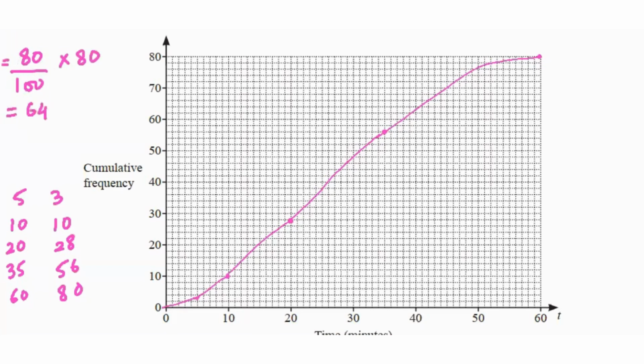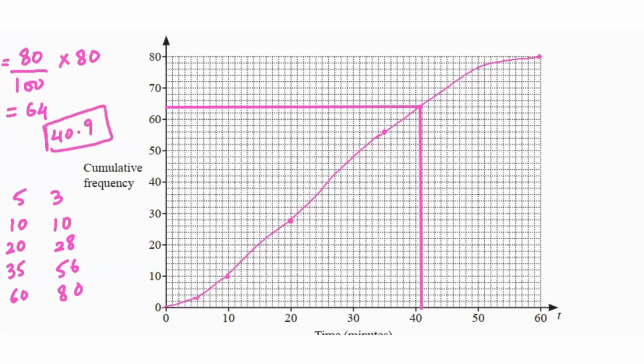So from our graph, we go to 64, draw a line, and see what the corresponding value is, which is going to be around 40.9 for me. Between 41 and 40.9, so I'm going to choose 40.9.